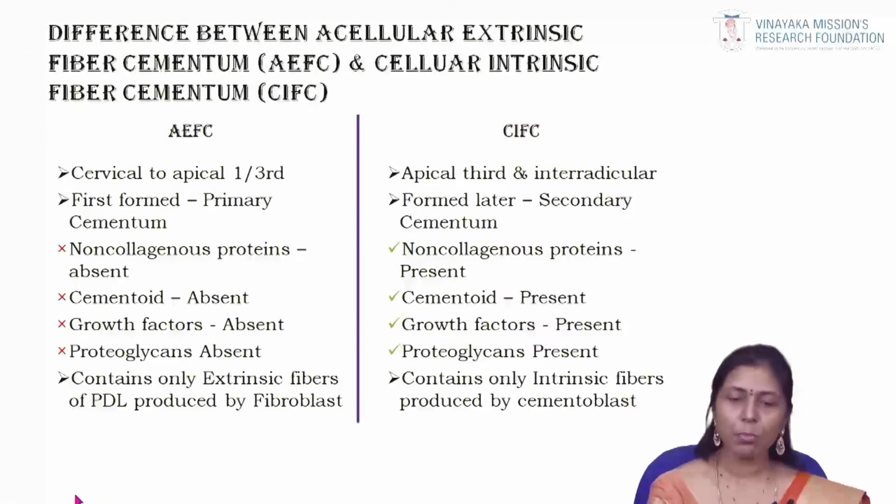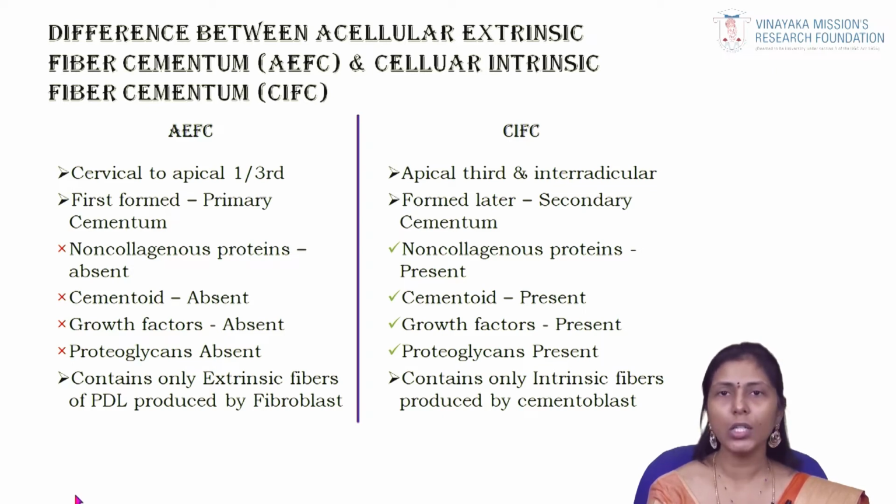So what are all the differences between acellular extrinsic fiber cementum and cellular intrinsic fiber cementum? I have listed them out in a tabular column. Acellular extrinsic fiber cementum is present from the cervical to the apical 1/3. In the apical 1/3, cellular intrinsic fiber cementum is present, and also it's seen in the interradicular area between the roots.